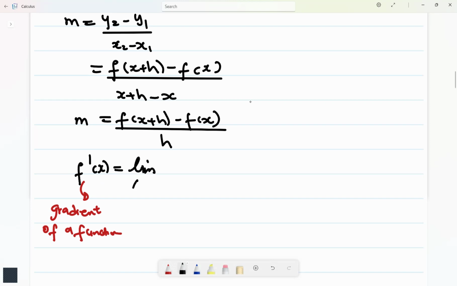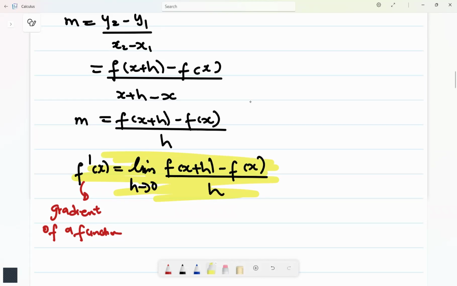It is equal to the limit as h approaches 0 of f of x plus h minus f of x, all divided by h. So now this is the formula that we call the first principle. This is the formula that we're going to be using more often.